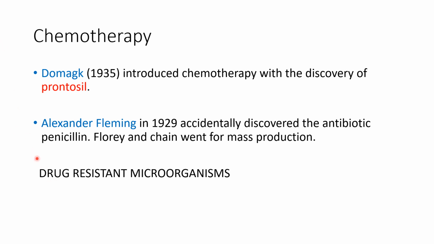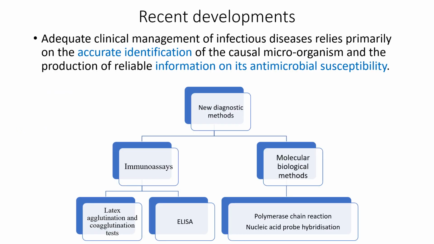drug-resistant microorganisms. Now there are just two slides where I'll be quickly going through the recent developments that have been happening in medical microbiology. Here I will be concentrating on mainly two things. One is how to detect the disease in an effective and quick manner. Second is how to treat the disease using different therapeutic agents.